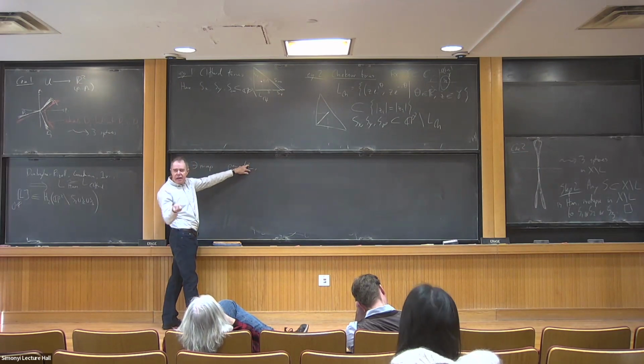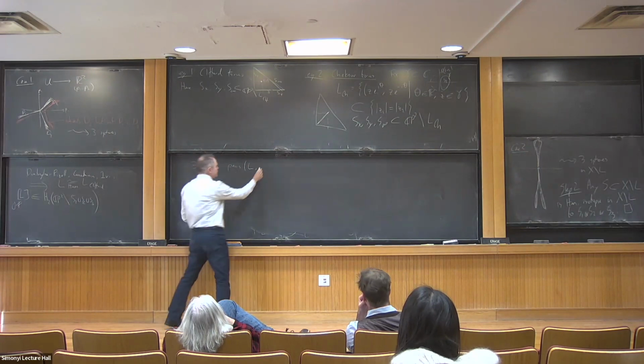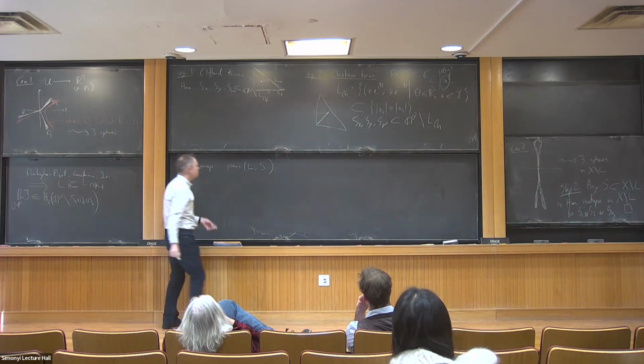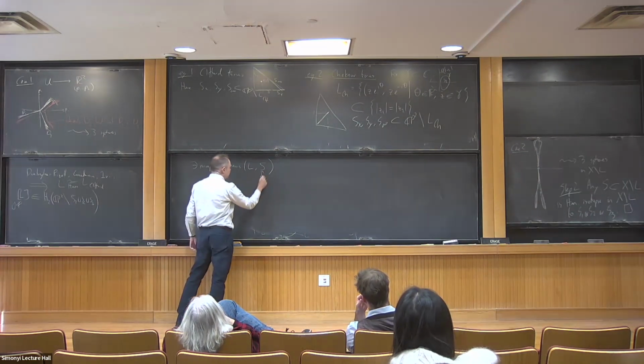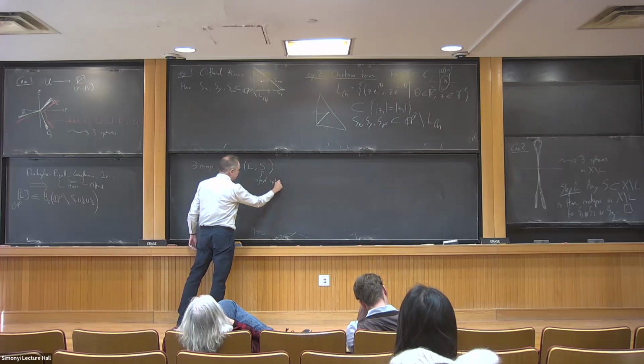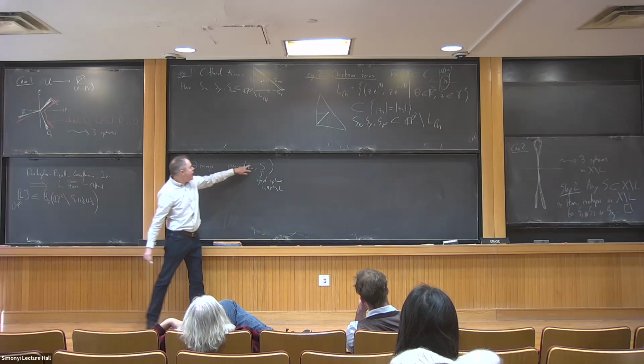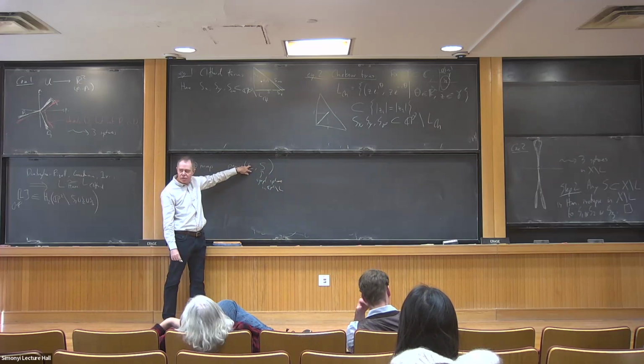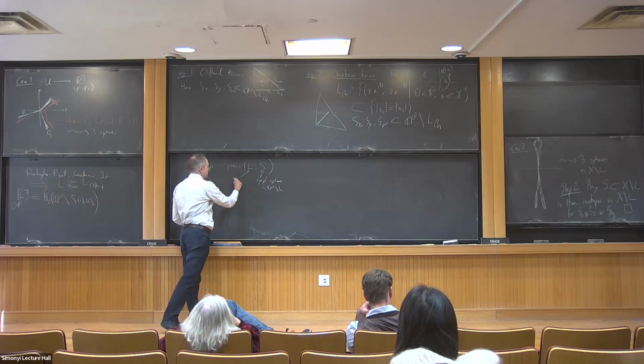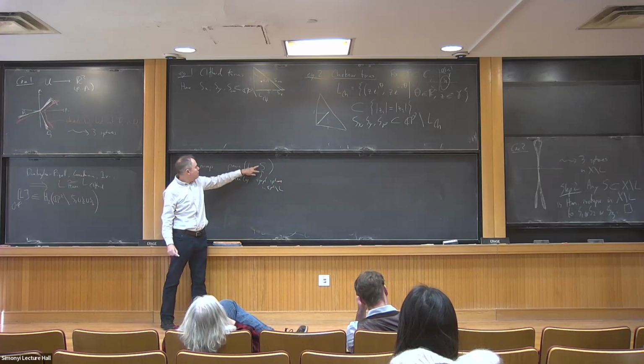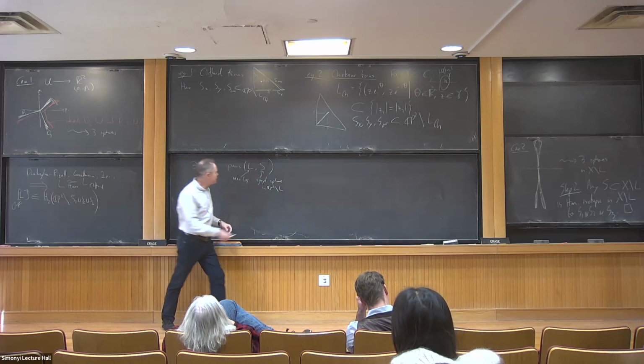L is, again, a monotone Lagrangian torus in CP2, and S is a symplectic sphere in the class of a line in CP2 minus L. So remember, L is a monotone Lagrangian torus, and I'm given the pair, the Lagrangian, and I pick one of the spheres in the complement.